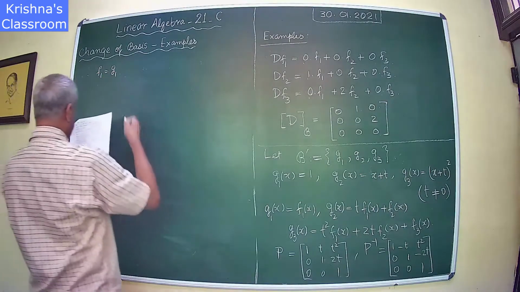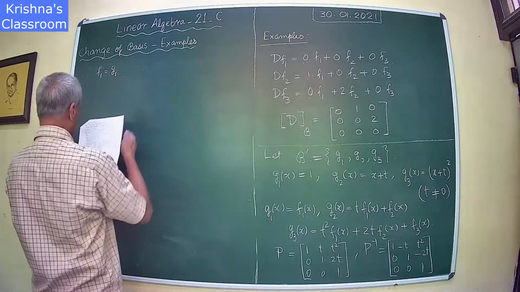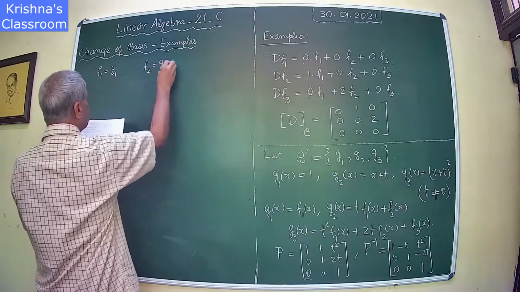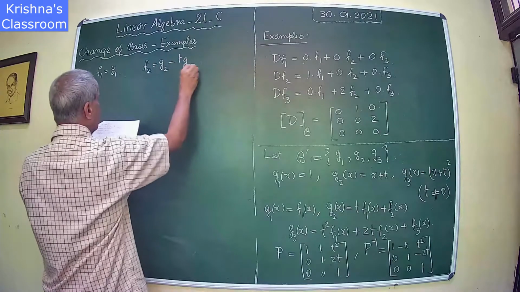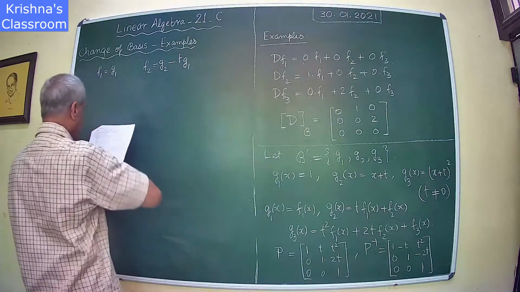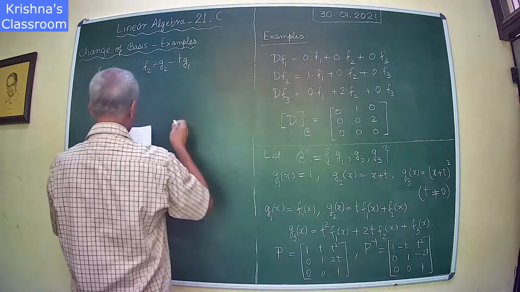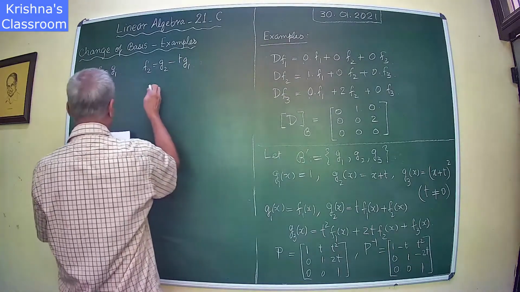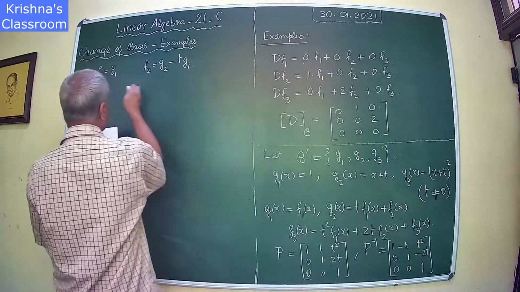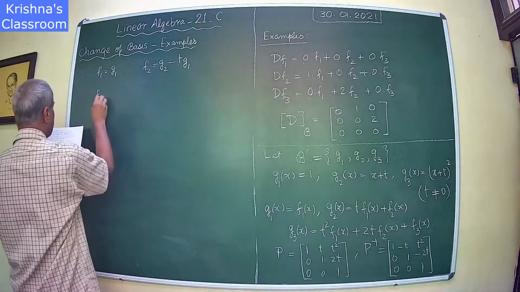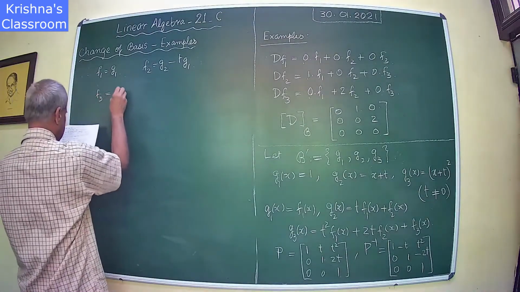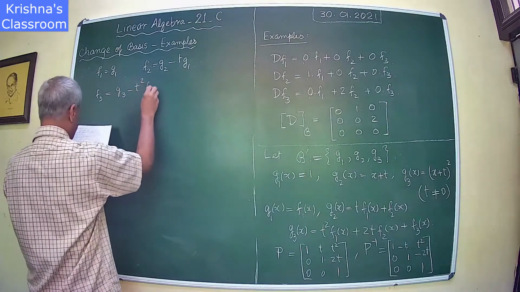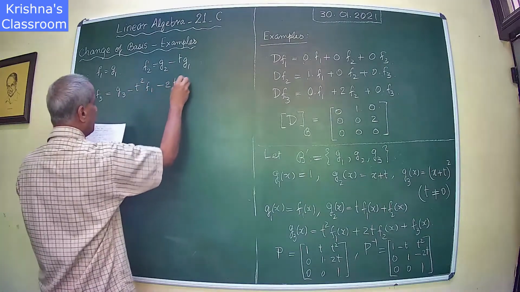Now f2 is equal to G2 minus t G1. Now f3 equal to G3 minus t square f1 minus 2t f2.